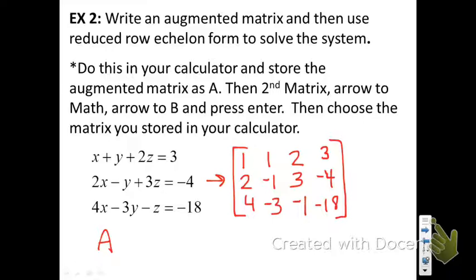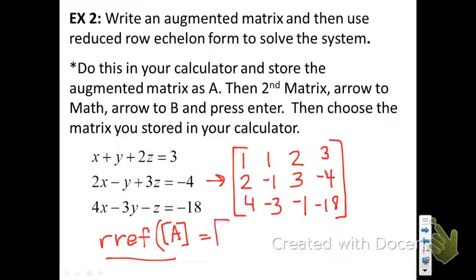That should take you to your home screen, and on your home screen it'll say RREF and then a parenthesis. Then you will go in and choose your matrix A and then press enter, and that's what it will look like on your screen. Then I'll show you what it will look like once you press enter.